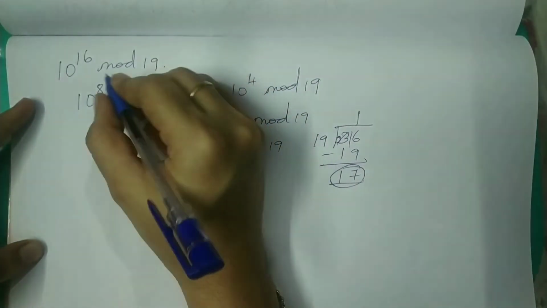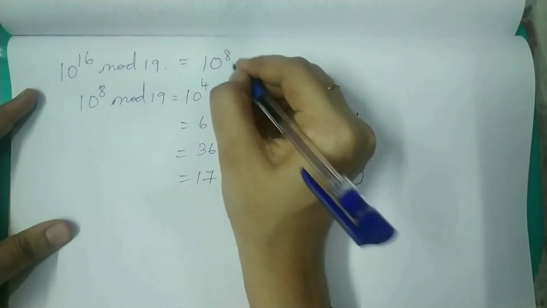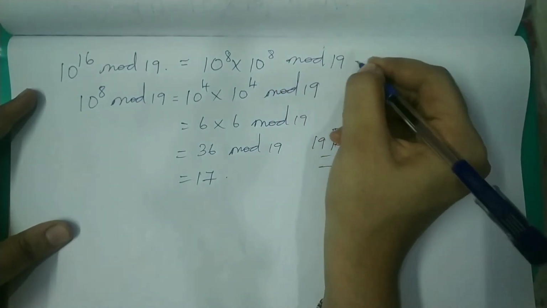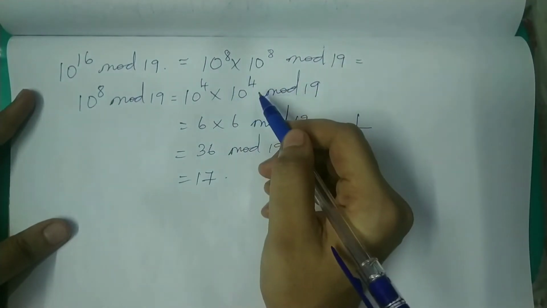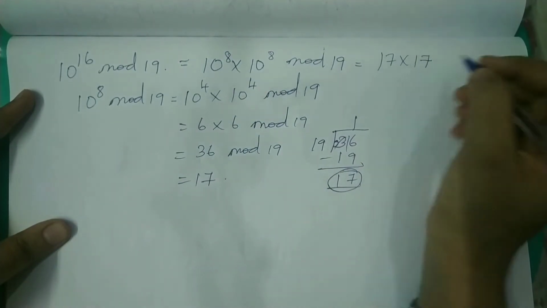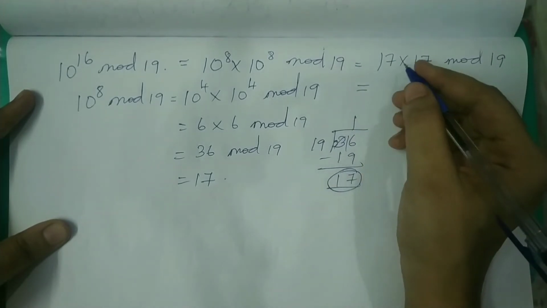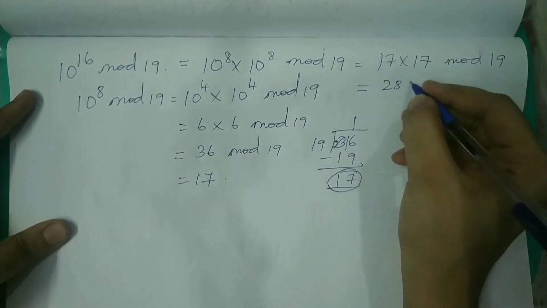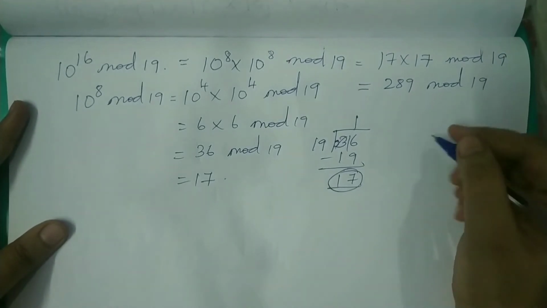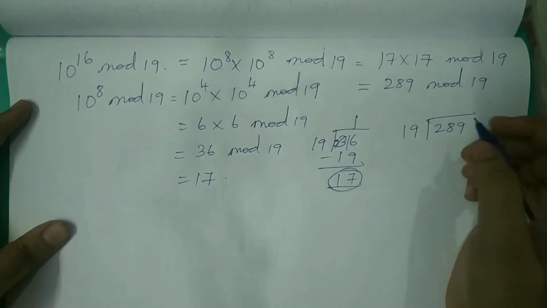Now for this 10 to the power 16 mod 19, I can split it as 10 to the power 8 into 10 to the power 8 mod 19. So 10 to the power 8 mod 19's value is 17. So 17 into 17 mod 19, which is equal to 17 into 17 is 289. So 289 mod 19. So now we need to divide this 289 by 19.